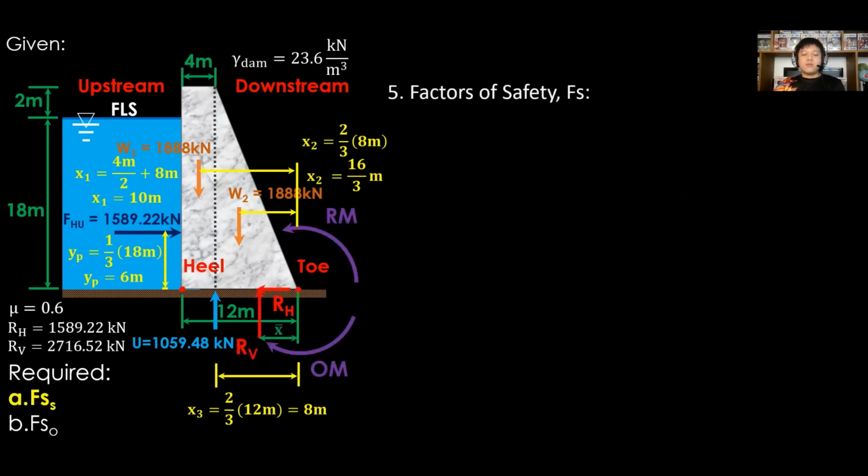Now for the requirements, the factors of safety. First is against sliding, or Fs sub S. RH and RV represent the group of actual loads, or net horizontal and net vertical forces. Therefore, Fs sub S is equal to mu times RV over RH.